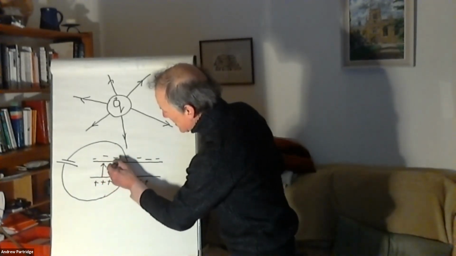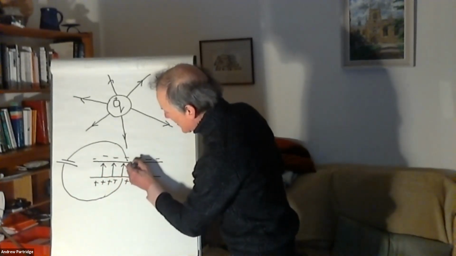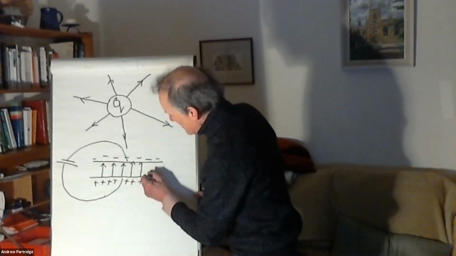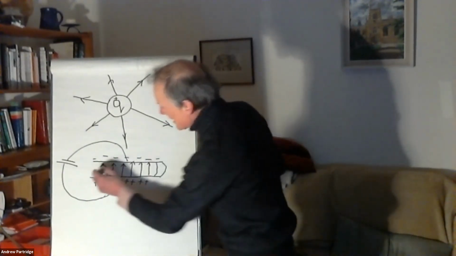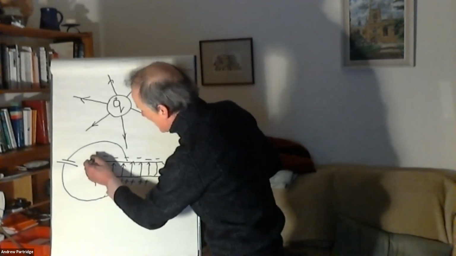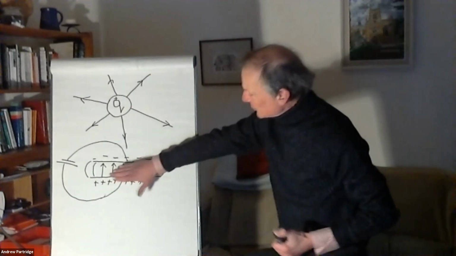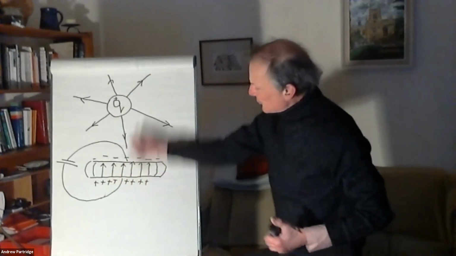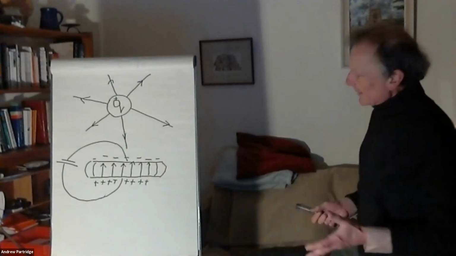Presumably, it can only be nicely uniform like that. And it presumably does something a bit odd at the edges. It starts getting a bit flaky out here, probably. But in the middle, there's really nothing it can be except nice straight lines like that, equally spaced.